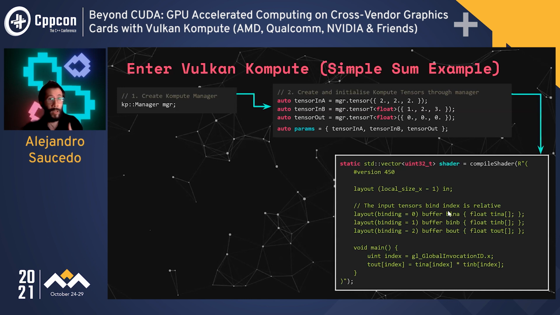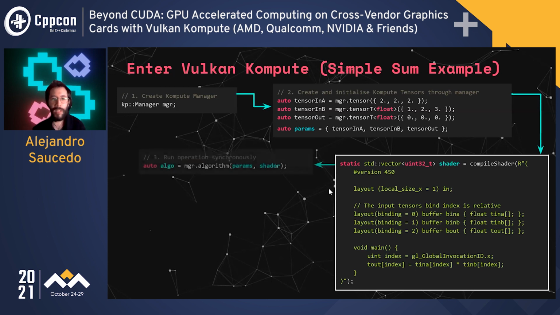Basically what the logic in the GPU is going to do is take three specific buffers, so tensors, add the values of the first and second tensor and put the results in the third. So it's going to take the input A and input B, add them up, and then return the result in the output.